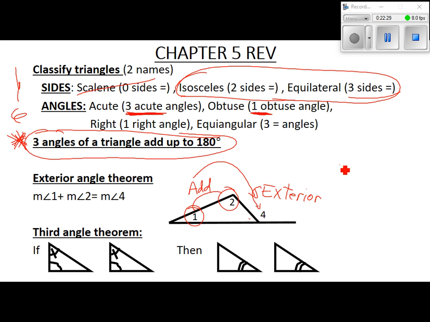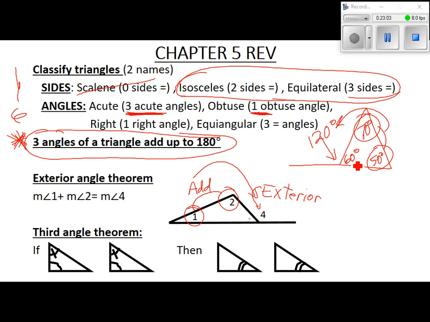So if I had this picture, and I told you this angle was 50 degrees, and this angle was 70 degrees, what do we know about that exterior angle out there? It's 120 degrees. These two have to add up to equal that exterior angle. What can you tell me about this other interior angle right here? 60 degrees. What should be true about these three angles together?